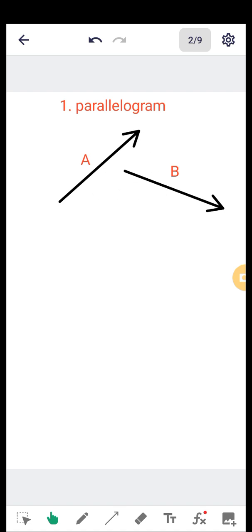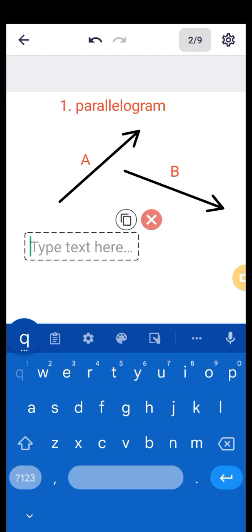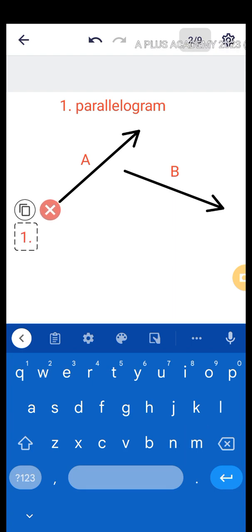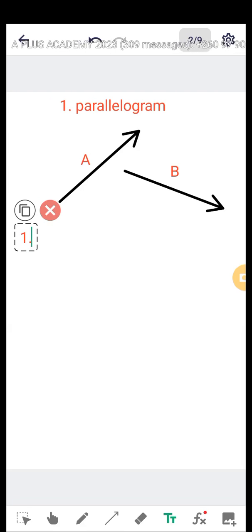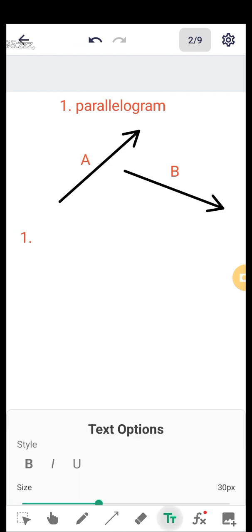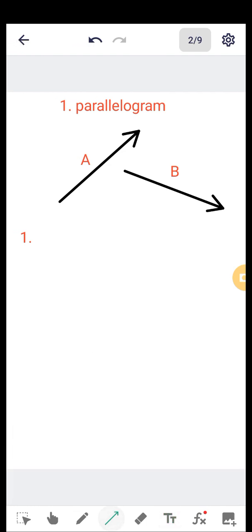So force A, and this is force B. Let me just shorten the magnitude. You have connected the tails.